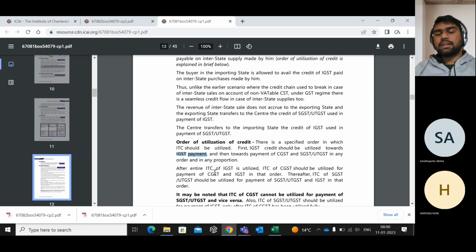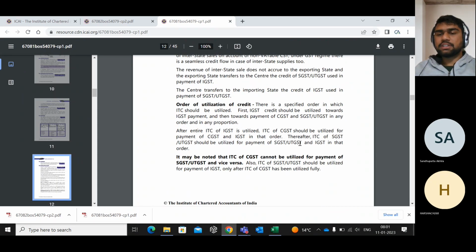After entire ITC of IGST is utilized, ITC of CGST should be utilized for the payment of CGST and IGST in that order. That is, IGST can be used for CGST. CGST can be used for IGST. Thereafter, ITC of SGST or UTGST should be utilized for the payment of SGST or UTGST and IGST.